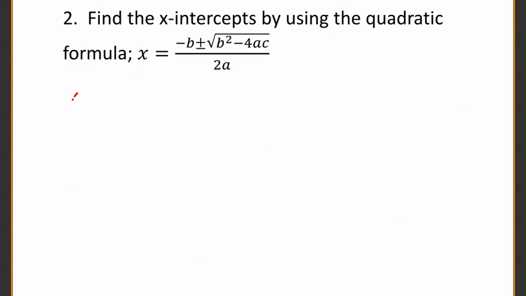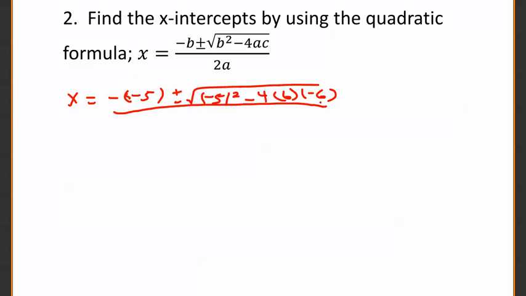Okay, so x equals negative times -5 plus or minus the square root of b squared, which is -5 squared, minus 4 times a times c, times 6 times -6, all over 2 times 6. So calculate.